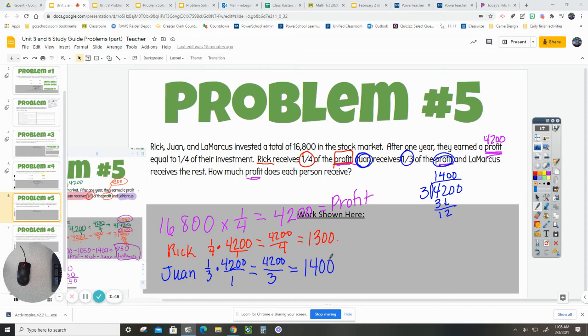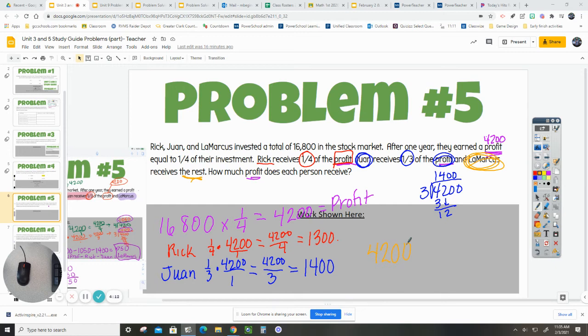So now let's figure out LaMarcus. I would like to find a better color, but I don't know how to do that. So let's go with the orange. LaMarcus gets the rest. So I have to think about how I figure that out. Well, if the profit was 4,200, I'm going to go with black. Can you guys read that?